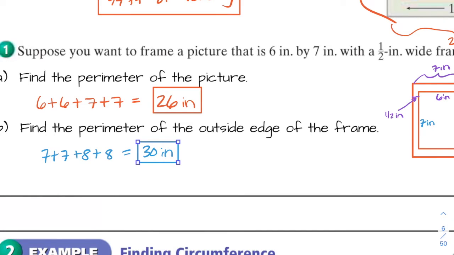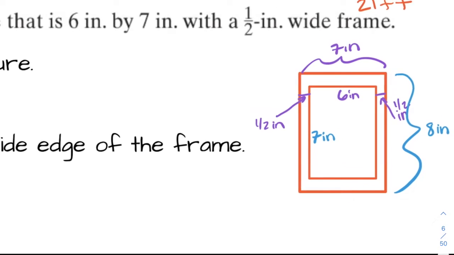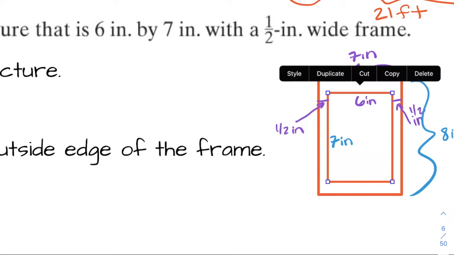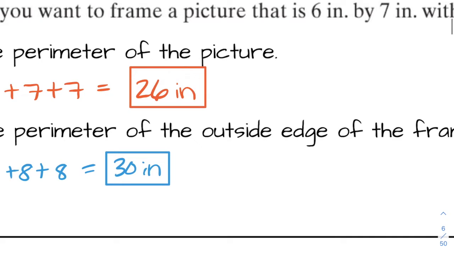So notice we actually added a 1/2 inch 8 times, because we added a 1/2 inch here and here, here and here, here and here, and here and here. Which is why we got the extra 4 inches.